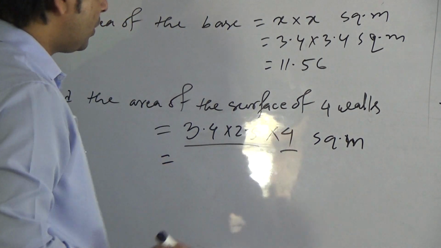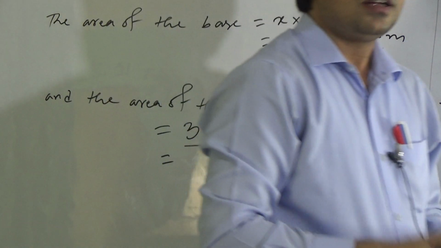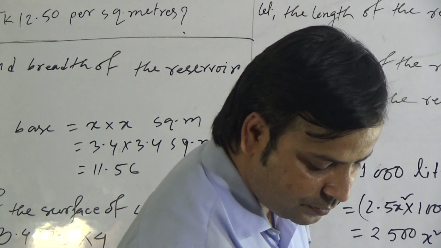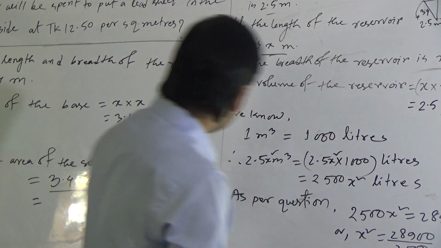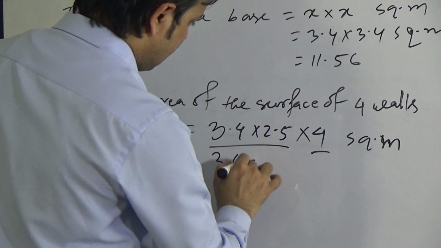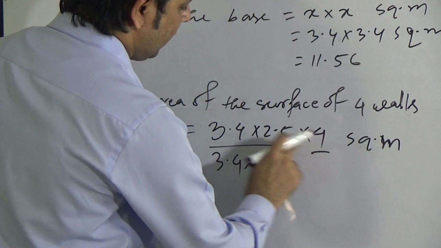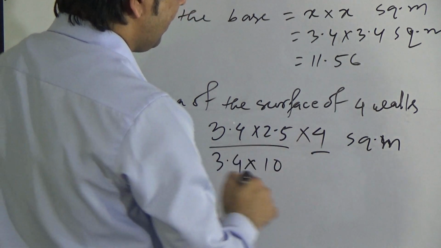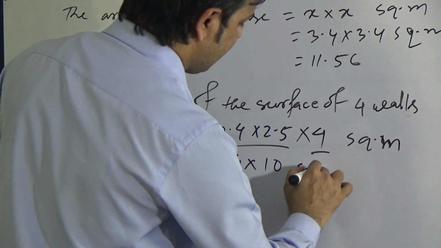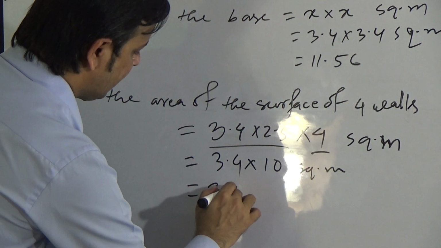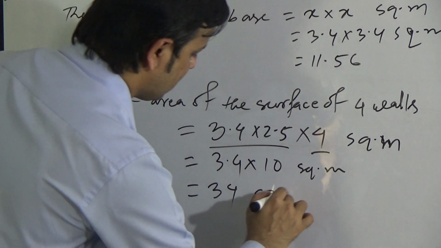So now product of 3.4, 2.5 and 4, we can determine easily, the product of 2.5 and 4 is 10 square meter. So if we multiply by 10, this will be 34 square meter.